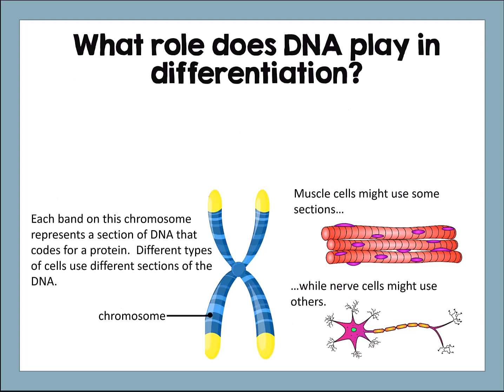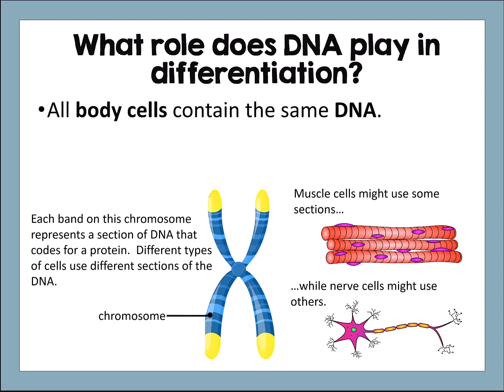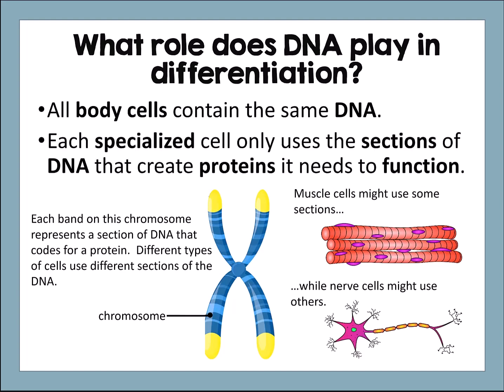So what role does DNA play in this differentiation process? First of all, body cells contain the same DNA. Even though you have different types of specialized cells in your body, they all have the same DNA. Each specialized cell only uses sections of DNA that create proteins it needs to function.